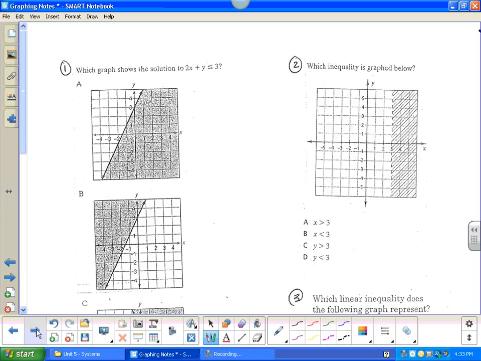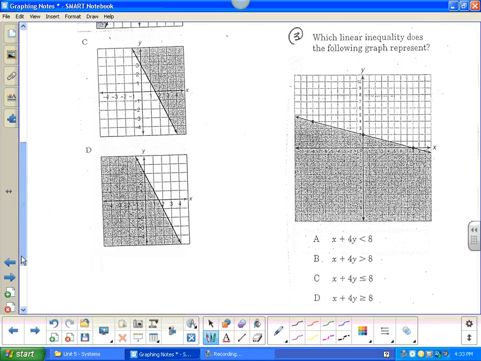Which graph shows the solution to, okay, so this is not a system, this is just an inequality. I need to solve for y. So I need a y-intercept of 3, but my slope is negative 2, which means down 2, right 1. So A is out and B is out because they don't go down 2, right 1.